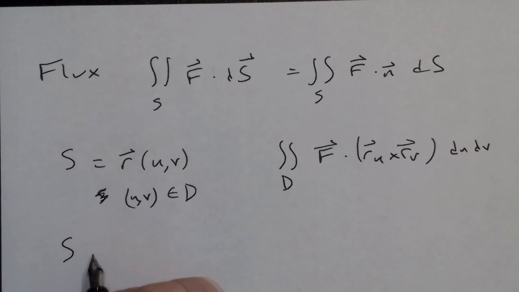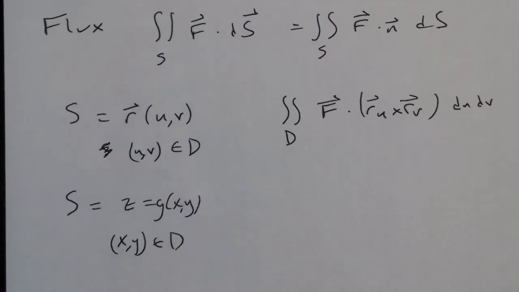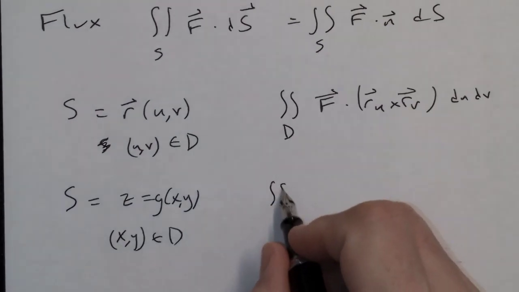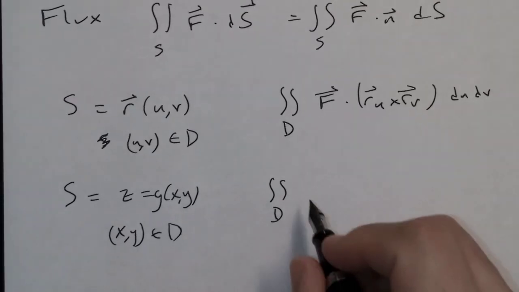If my surface is given instead by z equals g of x and y, I can do the same thing, but then the normal vector part is going to be negative g_x i, negative g_y j, plus k.